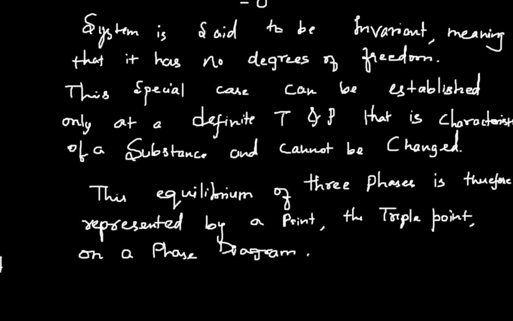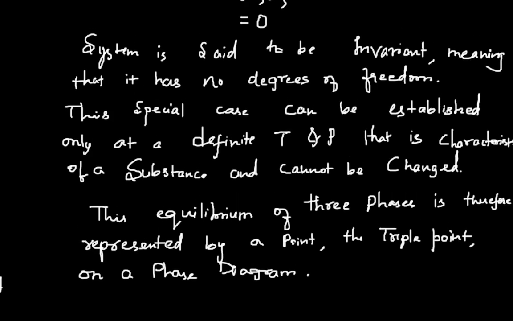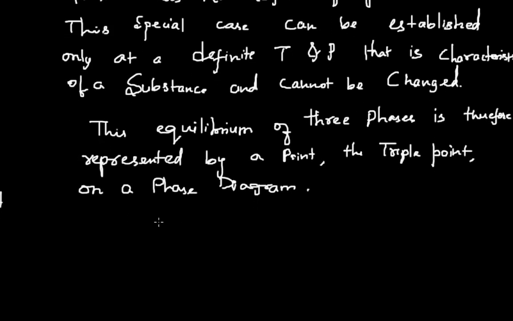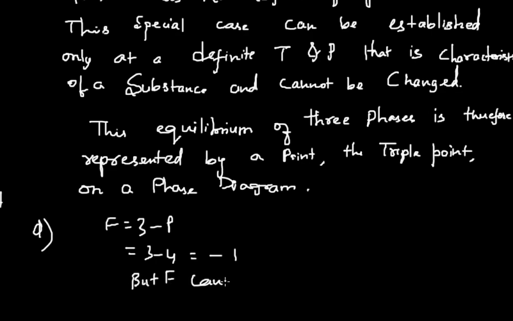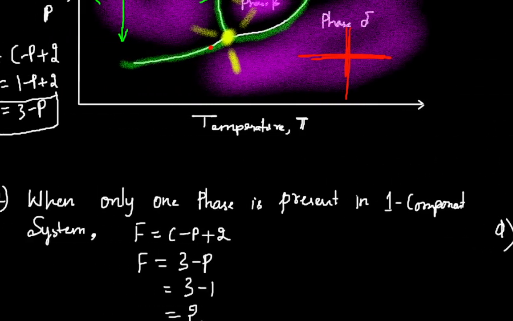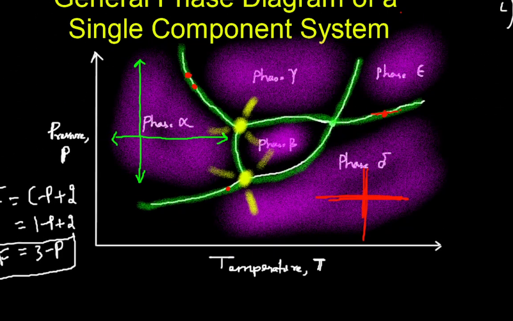Now four phases cannot be in equilibrium. Let us see what will happen if four phases are in equilibrium. F is equal to 3 minus P. If 4 phases are in equilibrium, 3 minus 4 is equal to minus 1. But F cannot be negative. Therefore, 4 phases cannot be in equilibrium for a single component system.